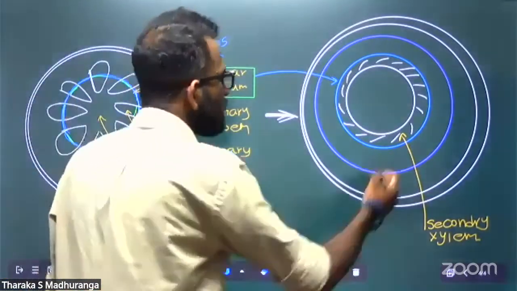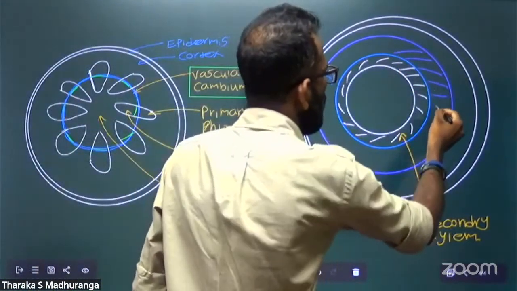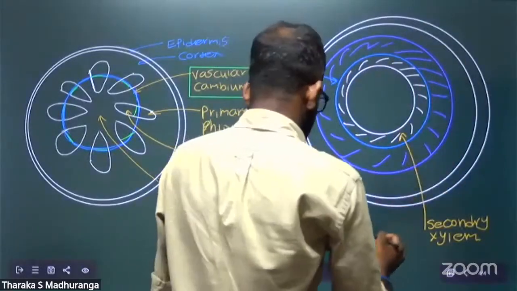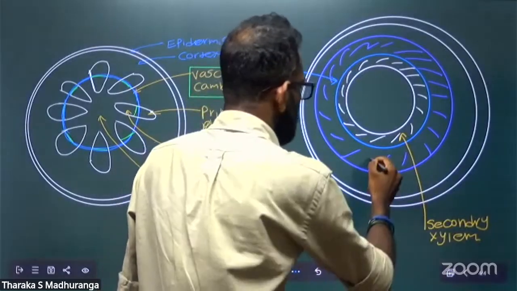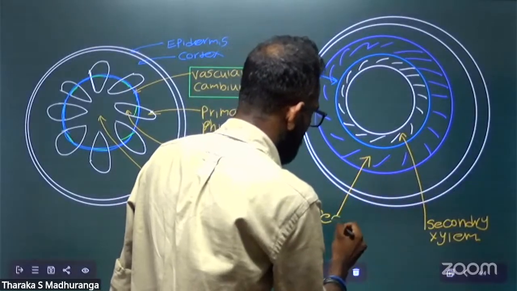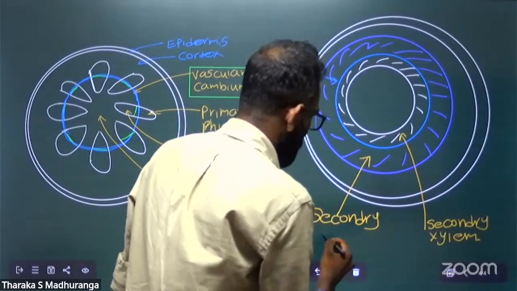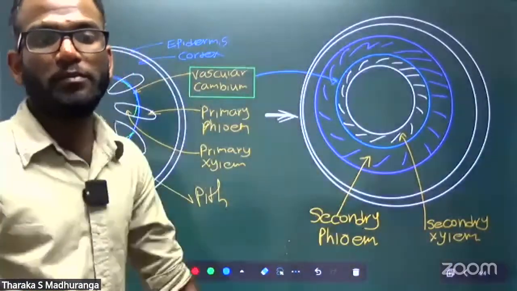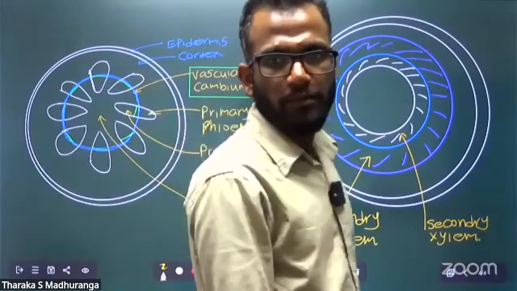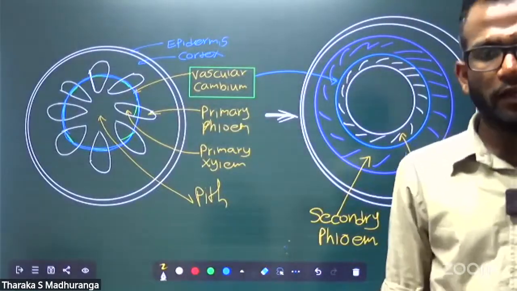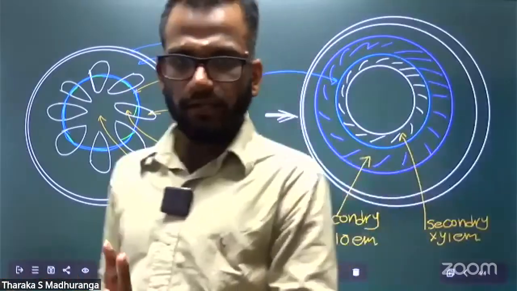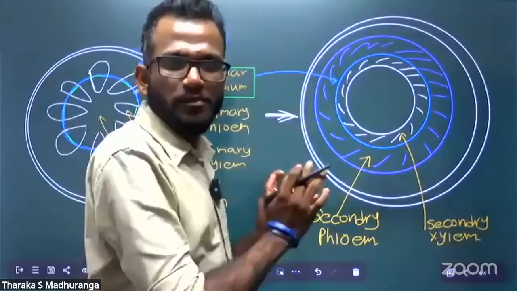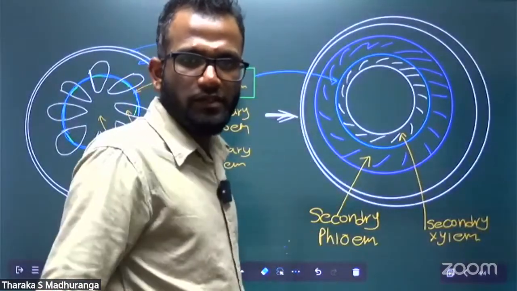This one is called secondary phloem. Okay, please draw very clearly and name this. It is just a very simple story.